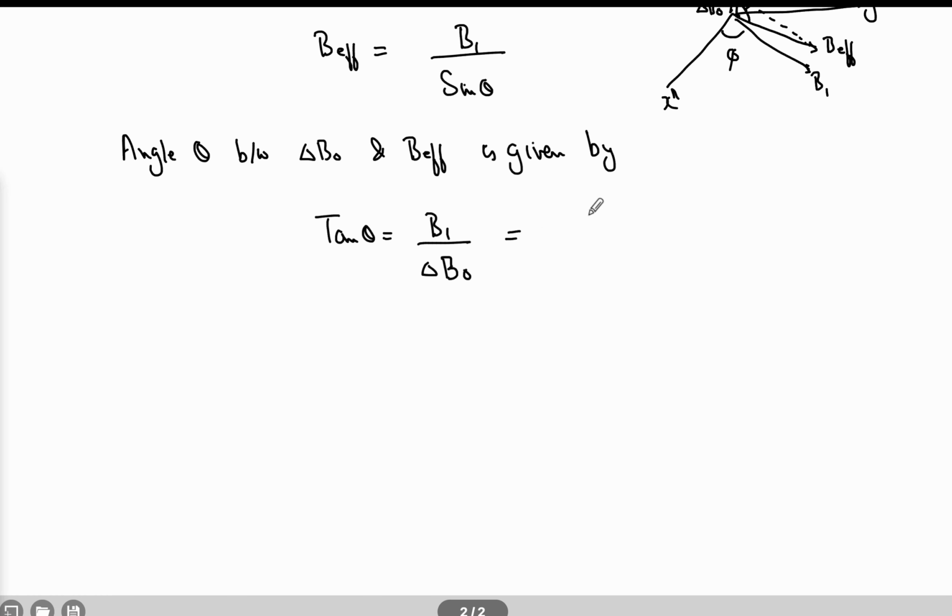Now B1 is B1 and delta B naught is nothing but minus of offset divided by gamma, right? This we saw earlier.